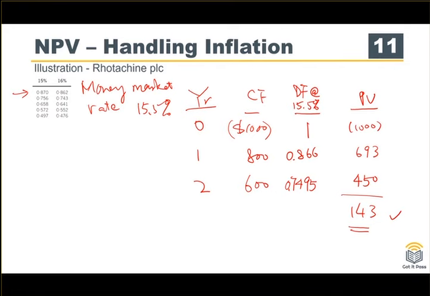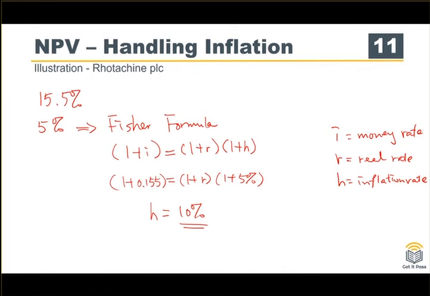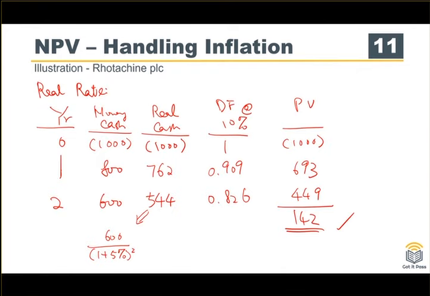But if the question is asking you to use the real rate to discount, then please remember you have to convert all money cash flow based on the inflation rate to the real cash flow, and then discount by the real rate 10% to come to the present value. You should get the same numbers. No worry about which rate you have to adopt.